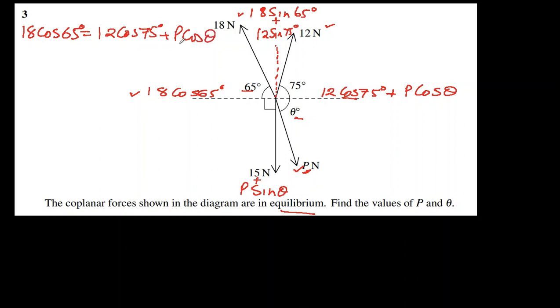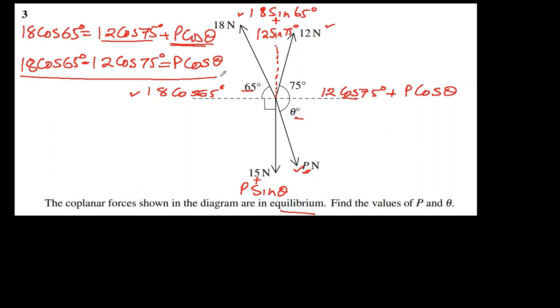Our aim is to write the equation in terms of P cos theta, so let's keep it alone here on the right side, P cos theta, and write 12 cos 75 degrees with 18 cos 65. In the process, it will become negative. That's our equation number 1.